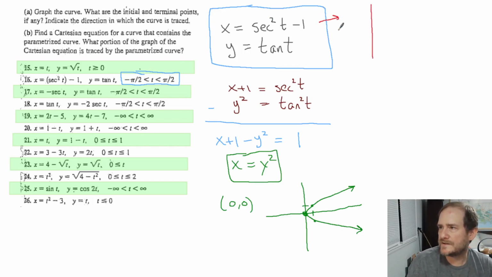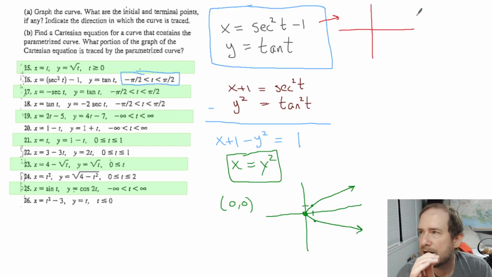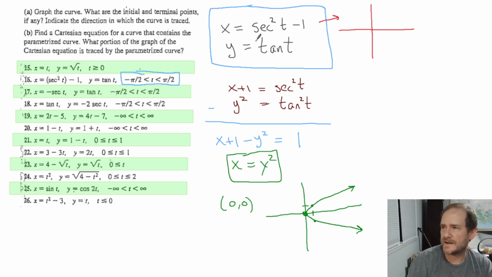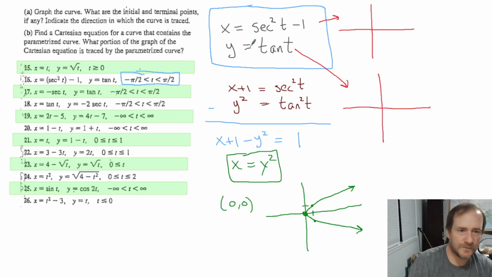So secant squared minus 1, you know what, forget that guy. That guy's hard to think about. And I did say in class that often, as long as you get the restrictions from one equation, you won't have to worry about other restrictions from the other equation. So let's see if that plays out.